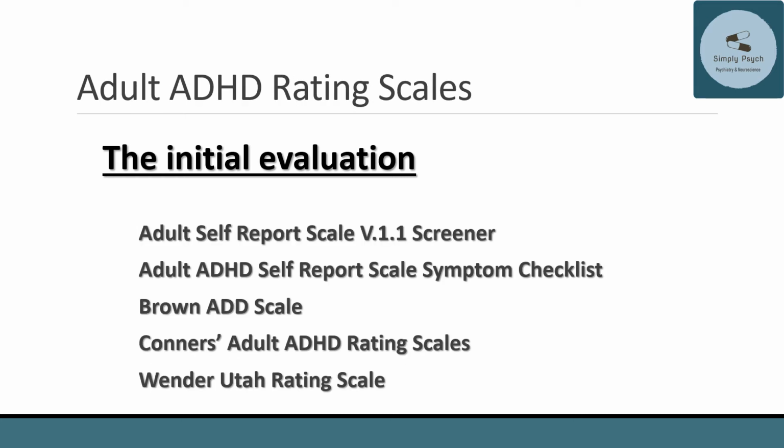These are just some of the rating scales that you can use for adult ADHD. I really like the first 2. I think those are really helpful. I don't use them as a diagnosis. I use them to help me focus the diagnostic interview a little bit. The Wender Utah rating scale is an interesting scale.